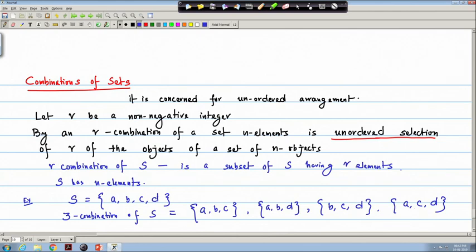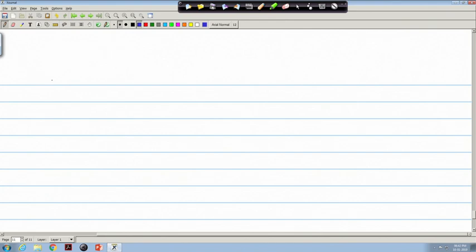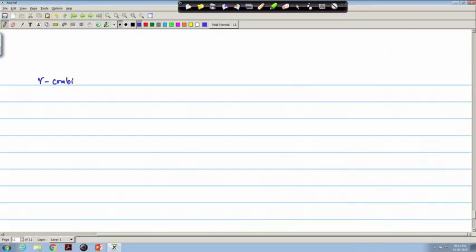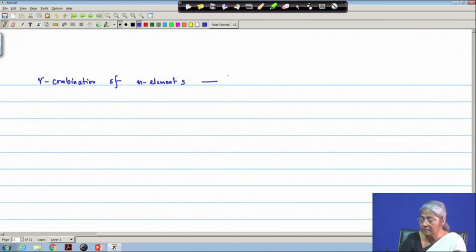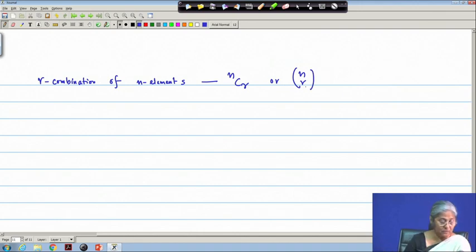So, this is the difference from permutation. Normally we denote the combinations of n elements as nCr, or sometimes n choose r, and sometimes we write it in this way also.